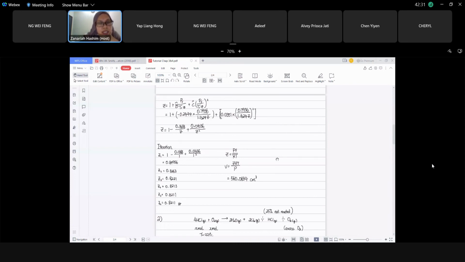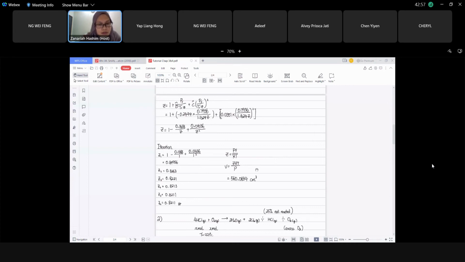Actually, kalau the difference is normally within 2%, then we can accept. And of course if we look at your jalan kerja, your step by step, and then your final answer, it should be within 2% lah. So in this case, yes, you can use the third virial or the Lee Kessler.